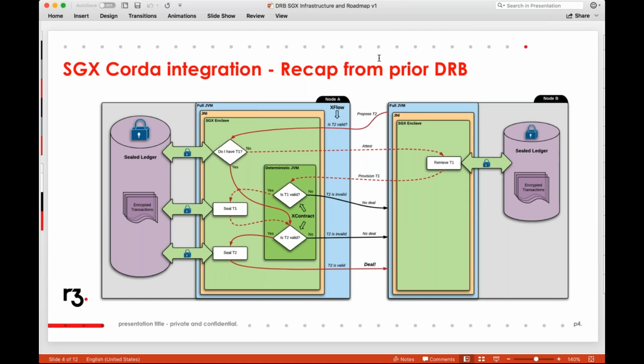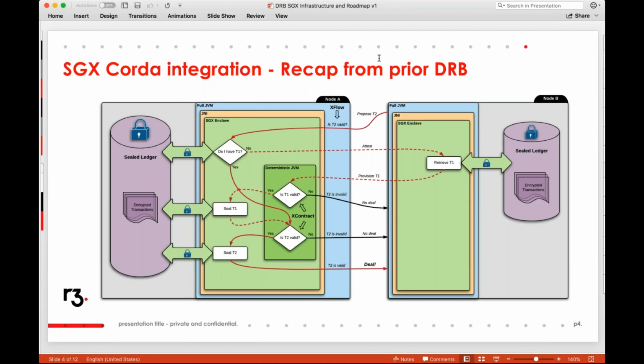They do a dual attestation process where node A's enclave ensures that node B's enclave is in fact an enclave, and vice versa. Then node B proceeds to provision T1 to the enclave.